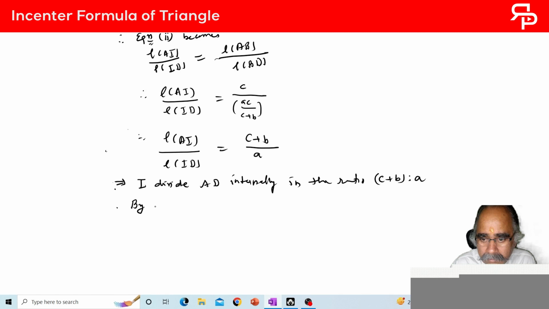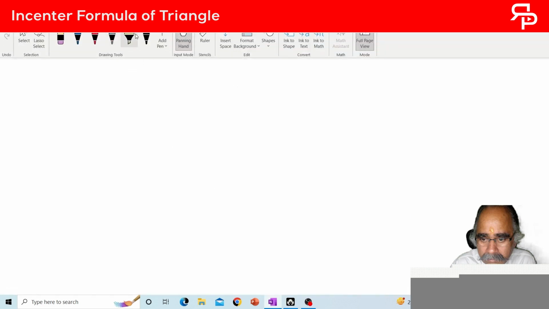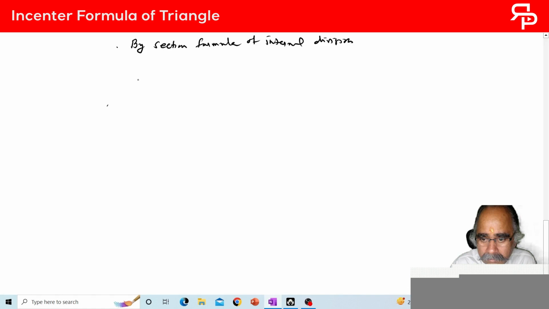Therefore, by section formula of internal division, coordinate of I, that is our incenter main formula. Now cross multiply.